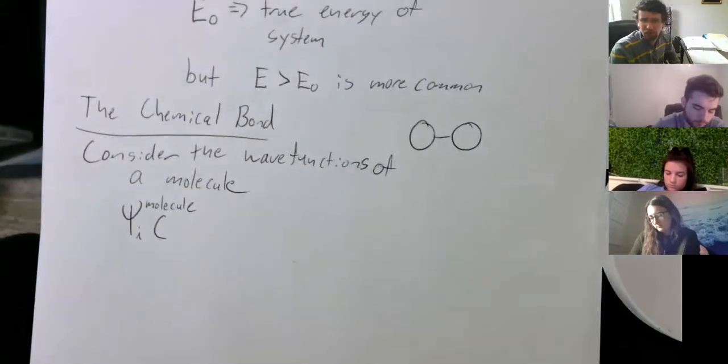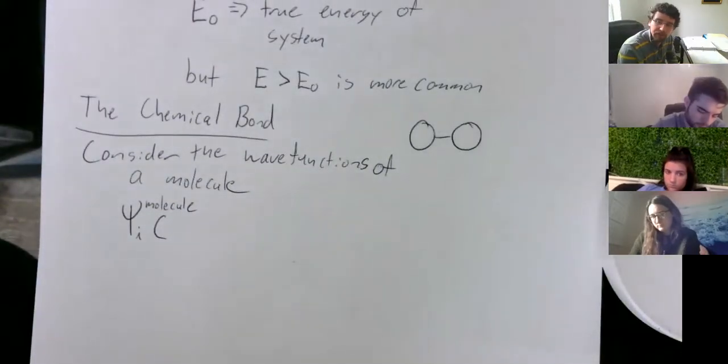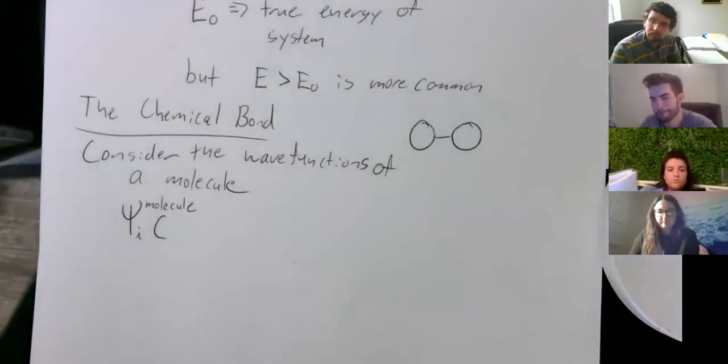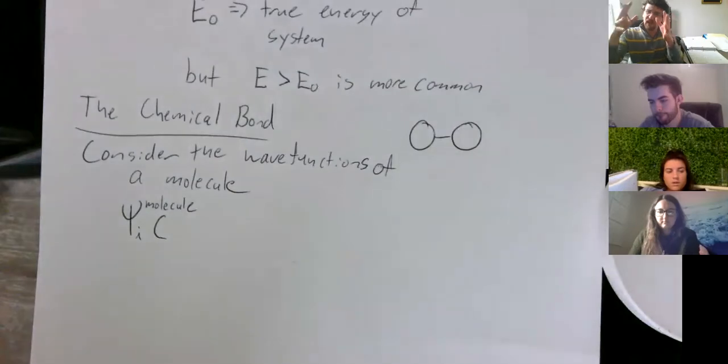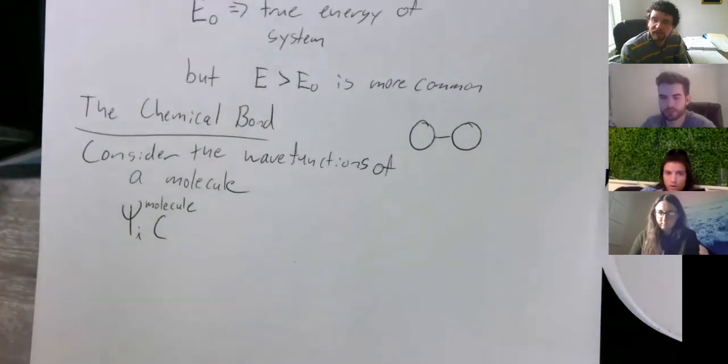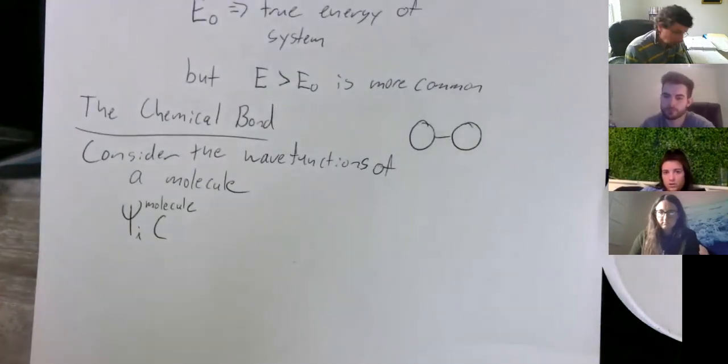Now, if we were to come up with the wave function of a molecule, what would it depend on? If we could distill everything down to the more basic things that the wave function of the molecule would depend on, what would you need to consider? So R, yeah, when you say R, Maddie, what do you mean?